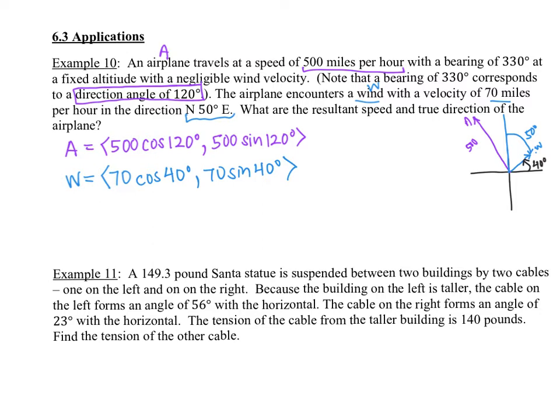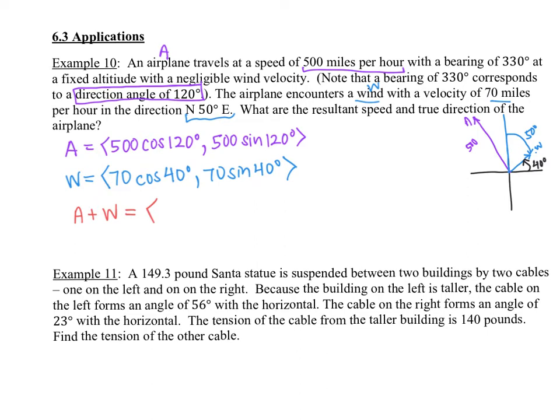What are the resultant speed and true direction of the airplane? I want to see what happens when the wind encounters the airplane, so I'm going to do A plus W to add the wind to the airplane. In your calculator, for the x component, you just do this plus this.